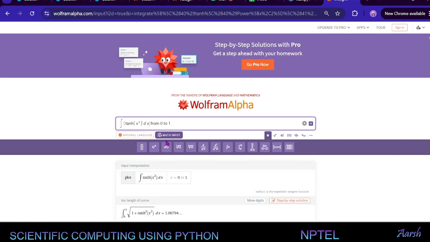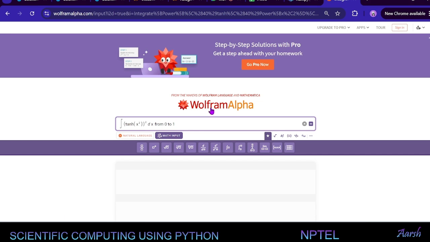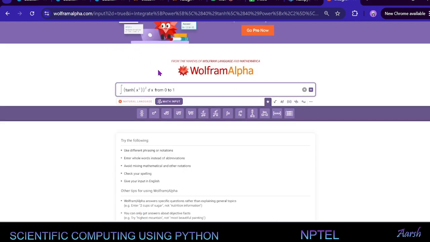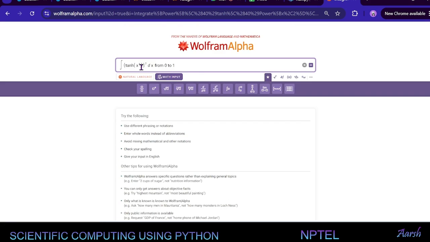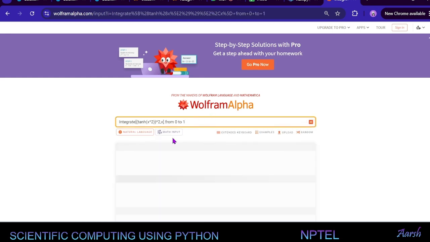So it is tanh square. Now let's calculate. You can do this using Mathematica also, which is software by Wolfram itself. It's not giving any result. Yeah, it's 0.16146719.